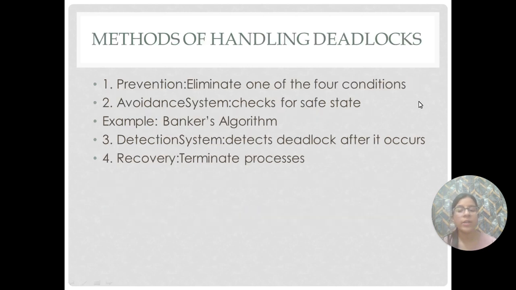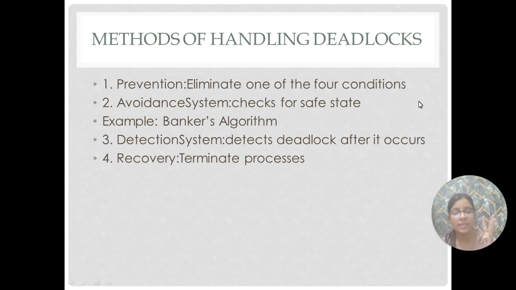So now we are going to discuss the methods of handling deadlocks, meaning how we can handle them. First is prevention, where we eliminate one of the four conditions. Second is avoidance, where we keep the system in a safe state.